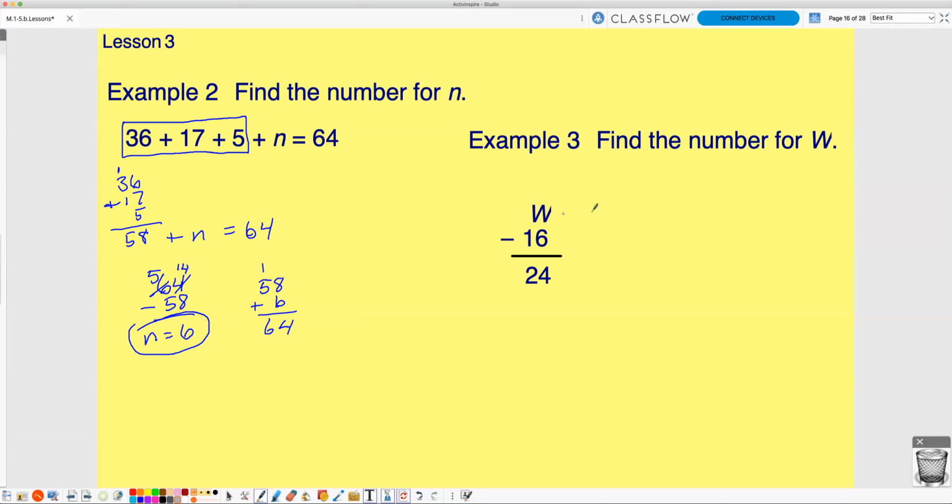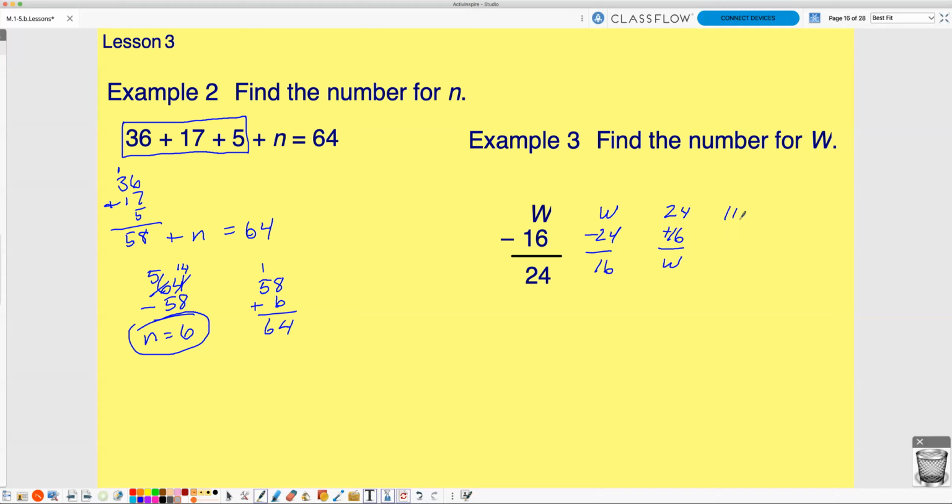And if you don't remember that it's a minuend, or that this is a subtrahend, or this is the difference, you could make fact families out of this. You could say that w minus 24 equals 16. You could make an addition problem out of this: 24 plus 16 equals w.